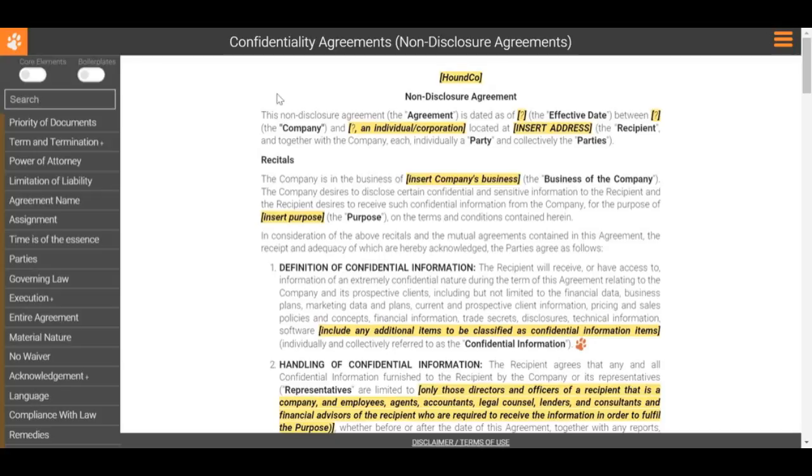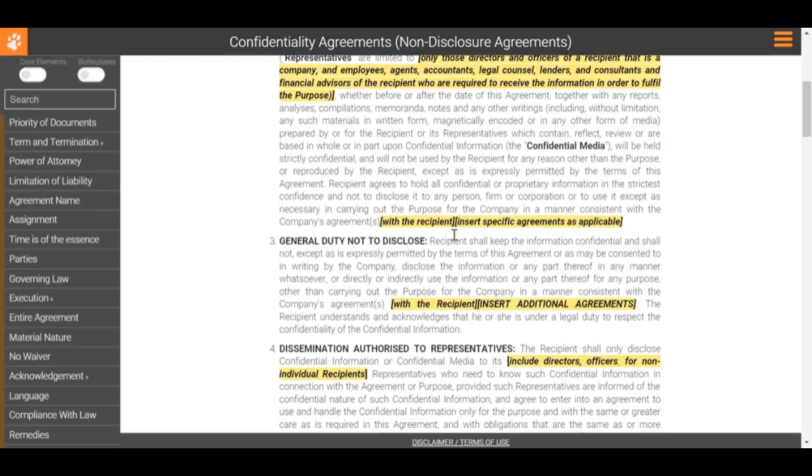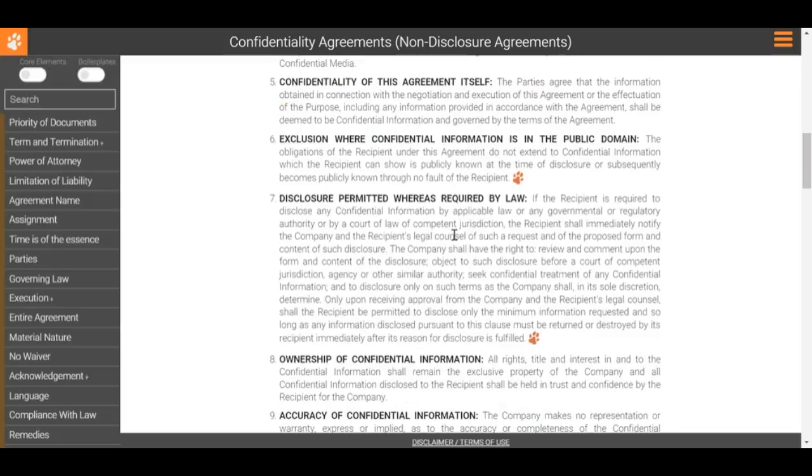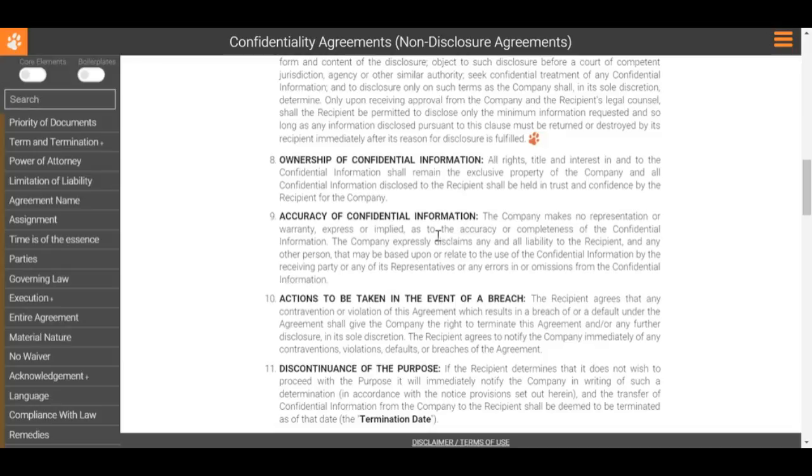A representation like this provides comfort to the discloser who might be worried that there's some other agreement at play that supersedes the obligations that are placed within this agreement. Clauses such as these are included in the sample agreement that we're looking at, including this clause here, which discusses the accuracy of confidential information. Additional clauses can also be found within the knowledge panel.